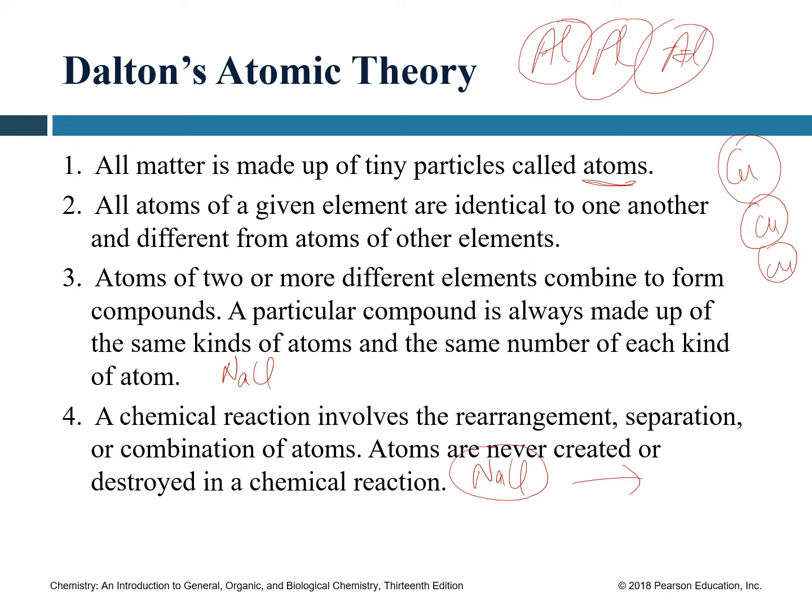Sodium will stay as sodium in the product also, and chloride will stay as chloride or chlorine atom. So basically you cannot change the identity of the atom during a reaction. The only thing that happens is a rearrangement. For instance, sodium might now, instead of being with Cl in the product, interact with something else.